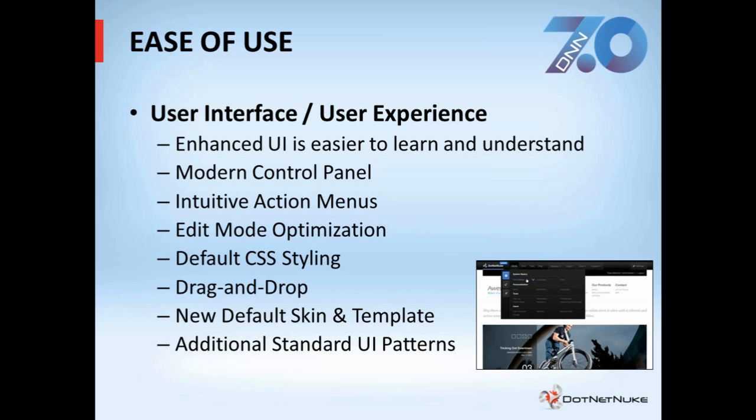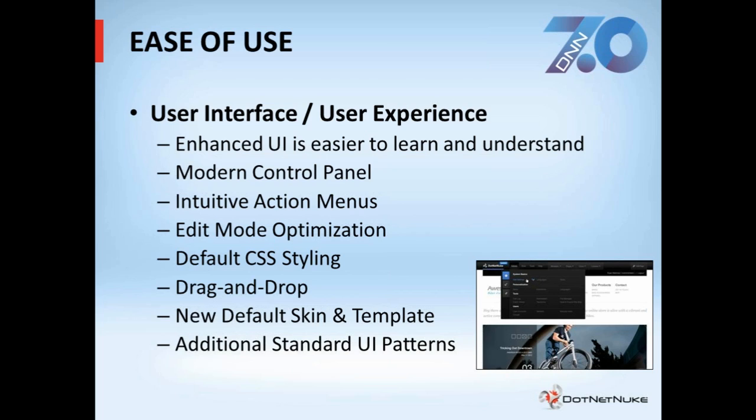The default CSS, which is the default styling of the DotNetNuke application, so basically the styling that permeates all aspects of the application through all our different administrative user interfaces, has been overhauled. You can imagine that over time, our default CSS had grown to be quite large and had a lot of different styles that needed to be overwritten if you wanted to achieve certain types of specific styling on your website.